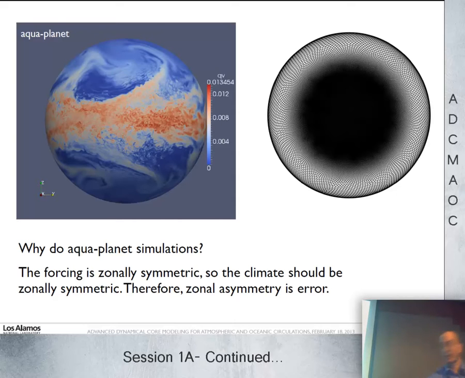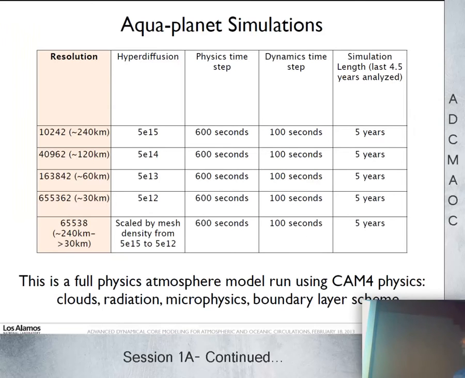We're going to do a couple things. I told you already, we can assess error by just the zonal asymmetry. We're even going to be cleaner than that. Here's a set of resolutions. So 240, all these right here are globally uniform, going from 240 down by factors of 2 down to 30. Now we're going to have one variable resolution simulation that goes from 240 to 30.